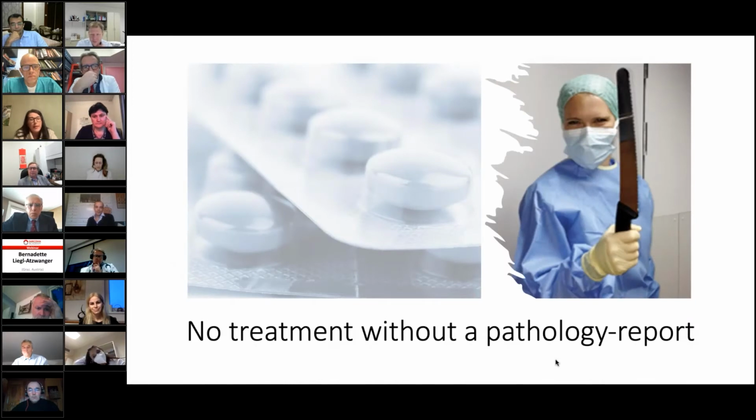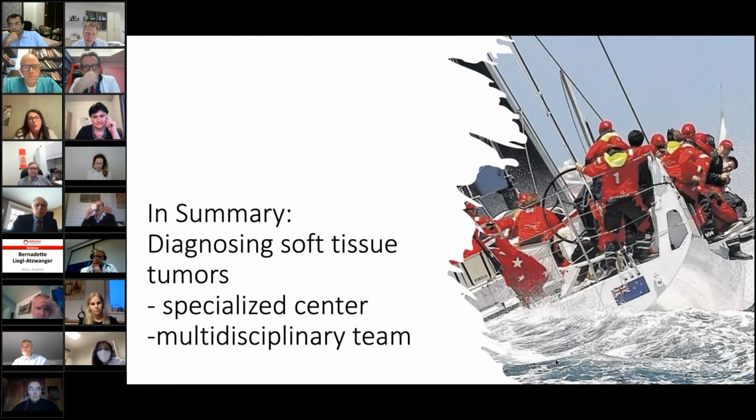So I think we agree that there is no treatment without pathology, and that all the patients suffering from these rare tumors should be treated in a specialized center by a multidisciplinary team.